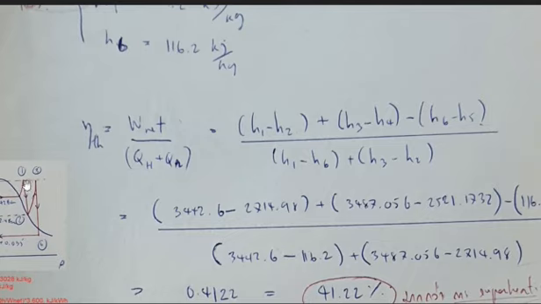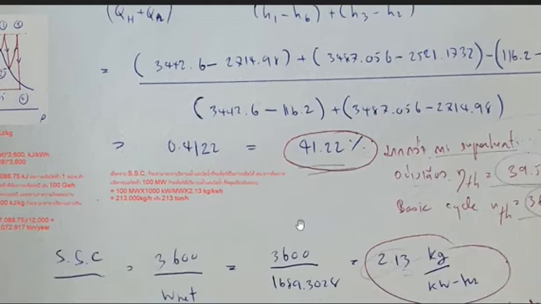It is H1 minus H6, the amount of heat that we put in along this line. Also, we have reheating. So QR would be equal to H3 minus H2. It is the amount of heat that we put in along this line.